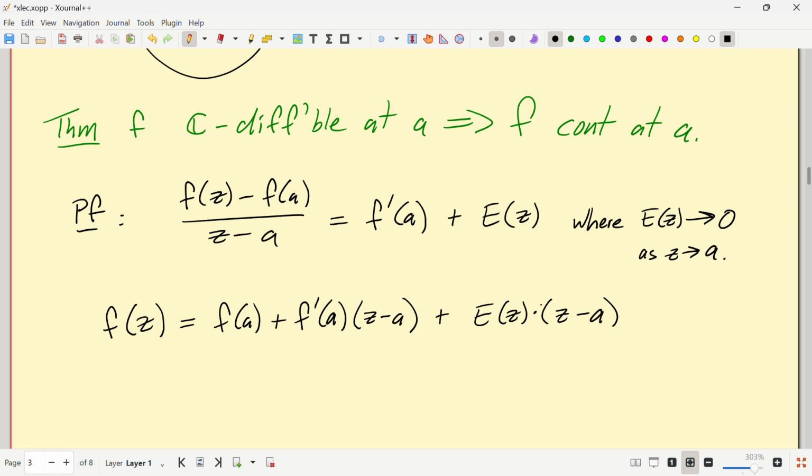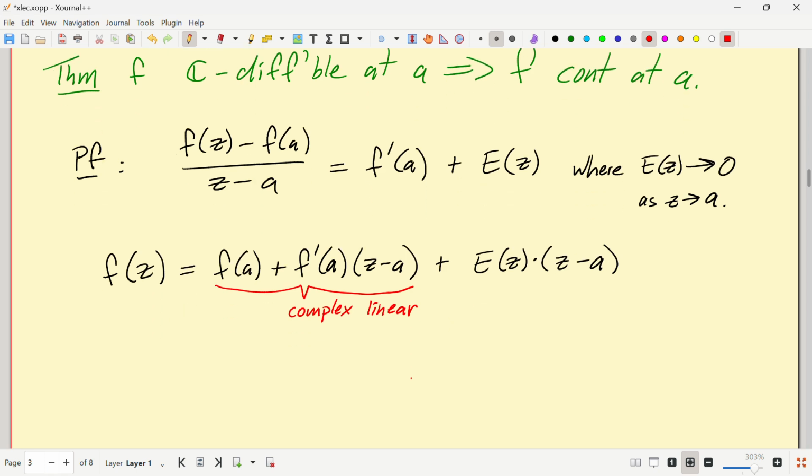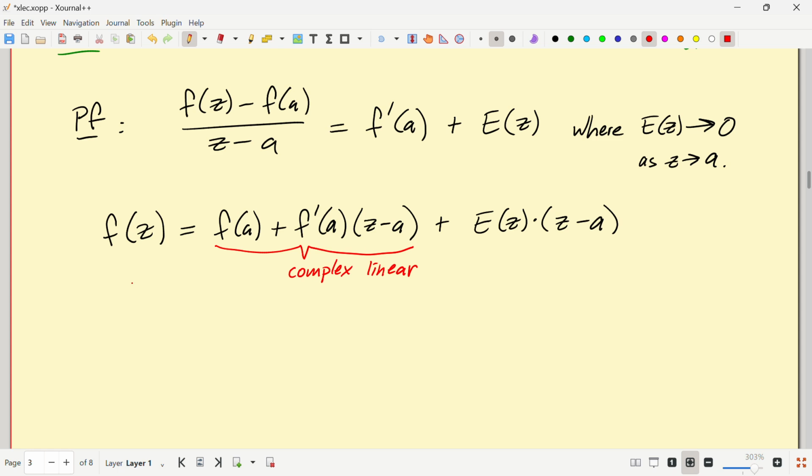That's complex linear. So being complex differentiable means that it's going to look like a complex linear thing plus something that goes to 0 rapidly, to order 2 in fact. So if I let z tend to a now, of course, this tends to f of a.